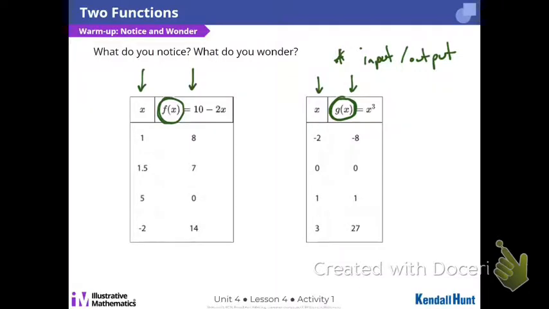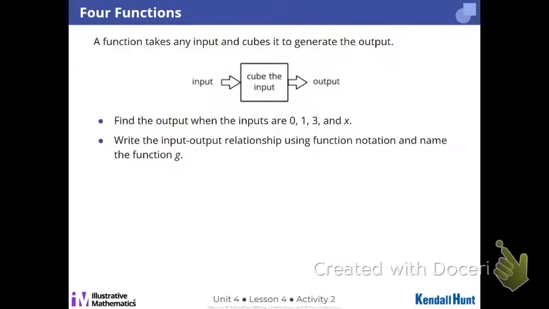Just to reiterate some aspects of a function, with a function we have a value that goes in, a function of something. We used those function sentences earlier in the unit. And this one is for the g function, a cube of the input. So let's say 2 goes in. It gets cubed.